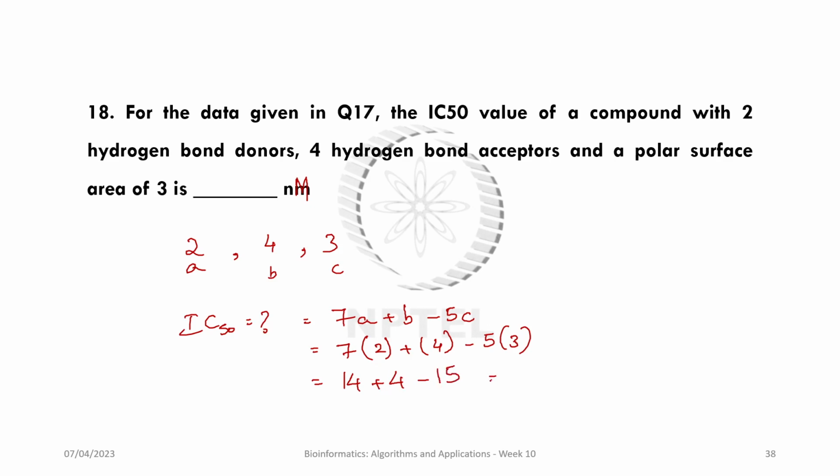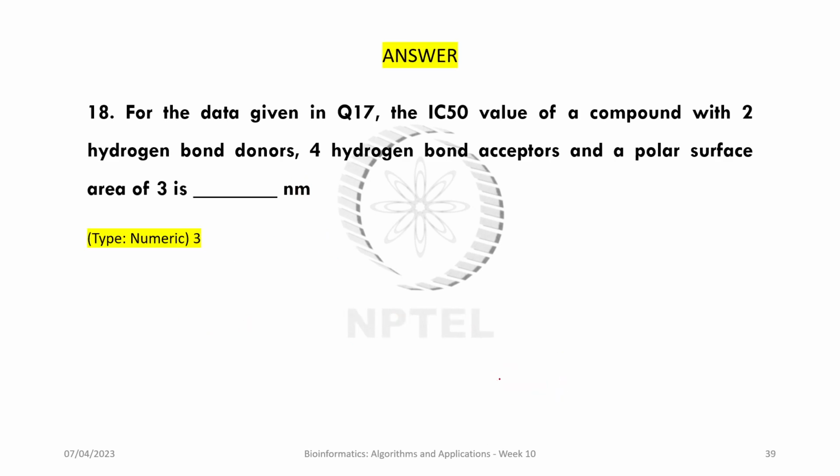That will be 4 minus 1, which is 3. Let's check the answer. It's right. We have 3 nanomolar as the right answer.